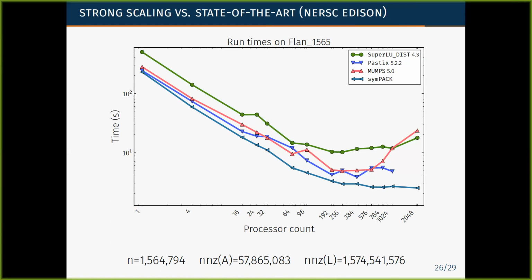So of course the number of flops performed by SuperLU is twice as high as the other solvers. And what we can see here is that, on this particular problem, we can outperform PASTIX and MUMPS for the Cholesky factorization.